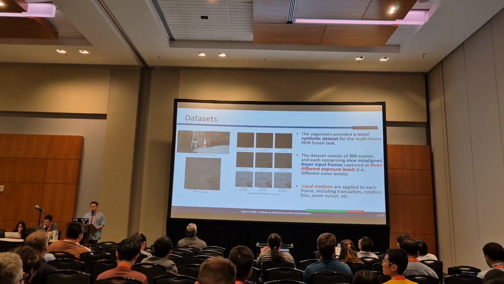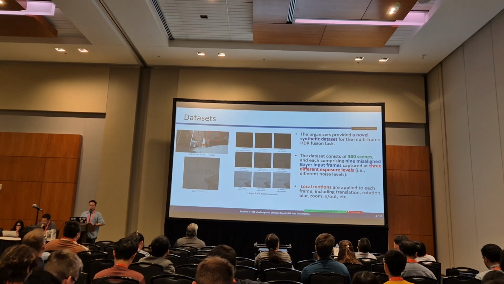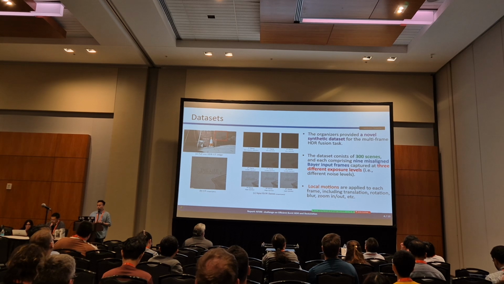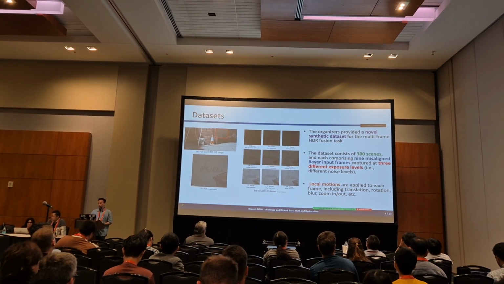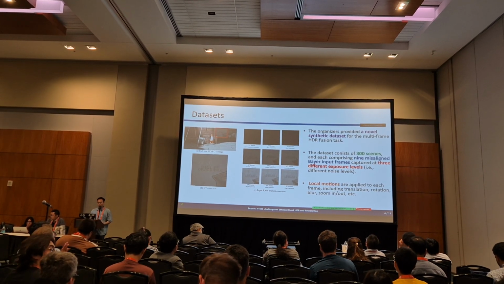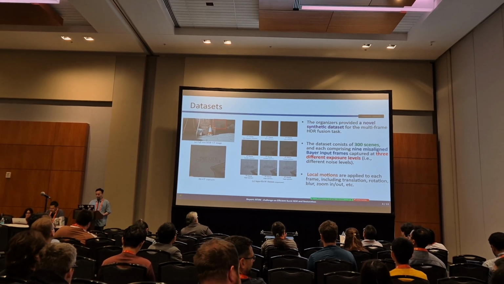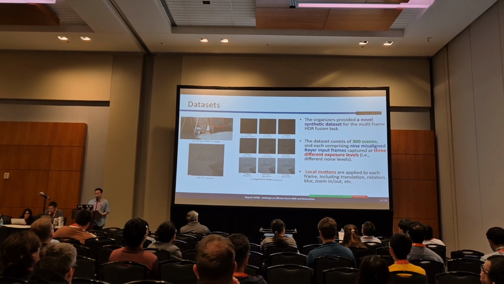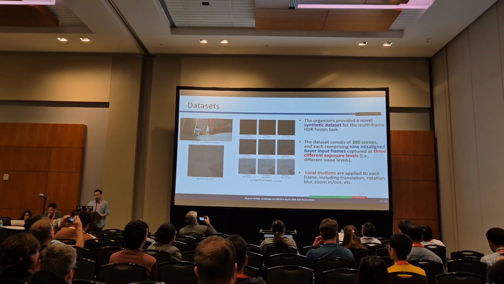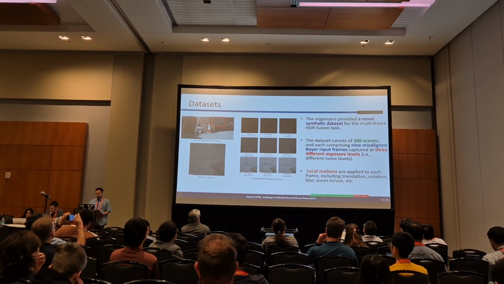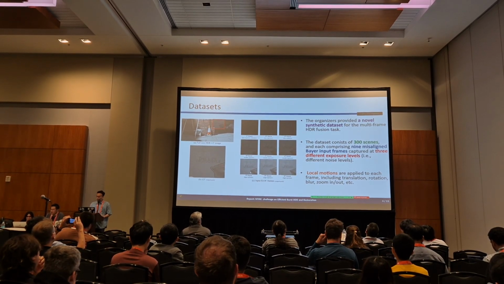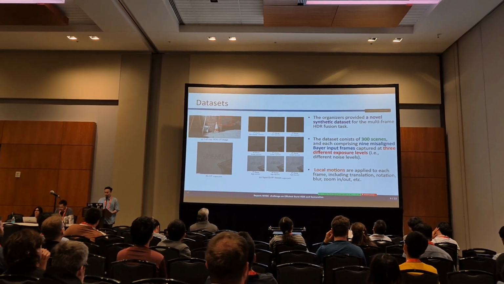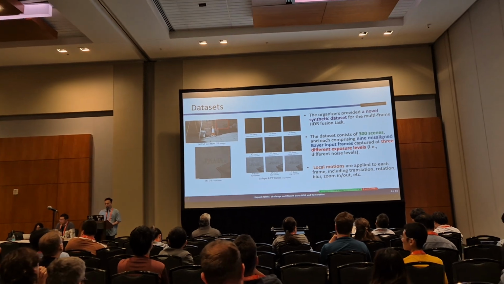Let me demonstrate the dataset. The organizers provided an over-synthetic dataset for the multi-frame HDR fusion task. This figure is an example of our dataset, which consists of 300 scenes, with each scene comprising 9 misaligned raw input frames, as shown in figure C. And these input frames are captured at 3 different exposure levels, which show different levels of noise.